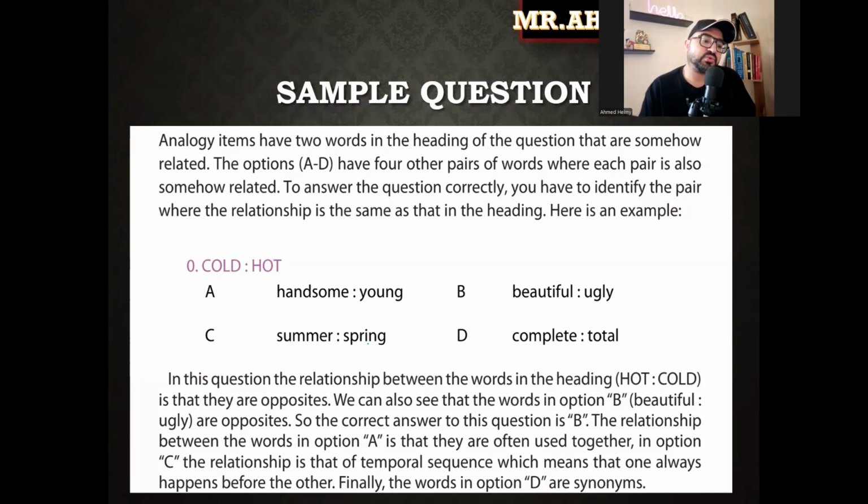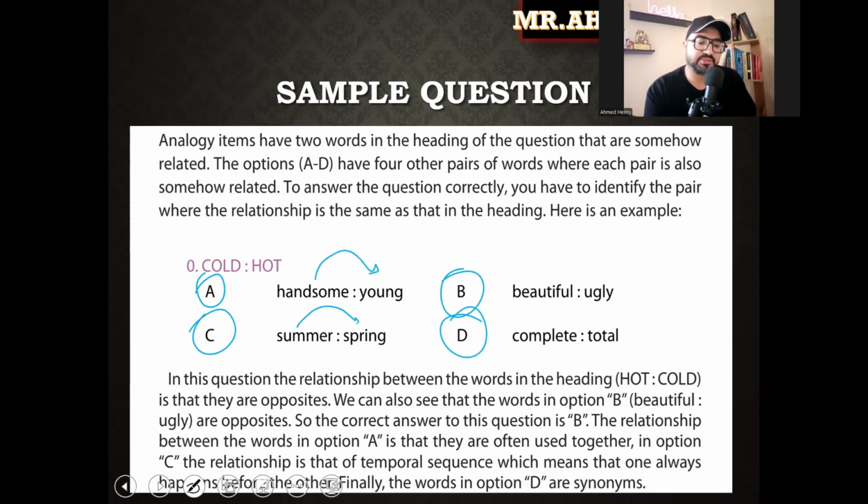So when you go to the choices, you have to determine the analogy type of each of those four choices. Handsome and young, summer and spring, beautiful and ugly, complete and total. And before you tell me, teacher, move fast, I know that you already answered it, but let's try to analyze each and every one of them.